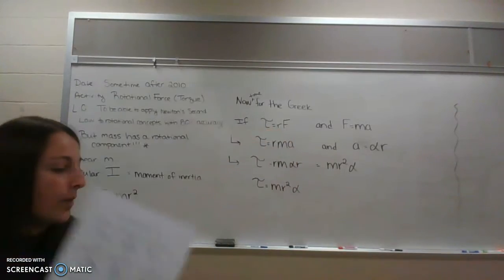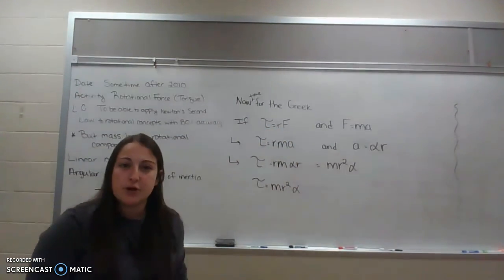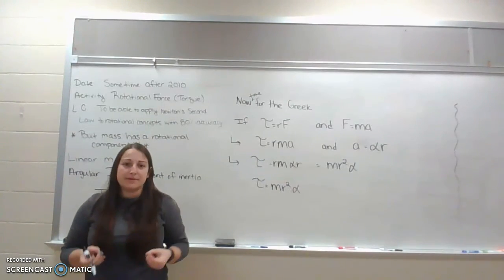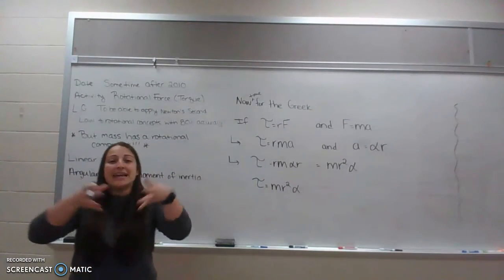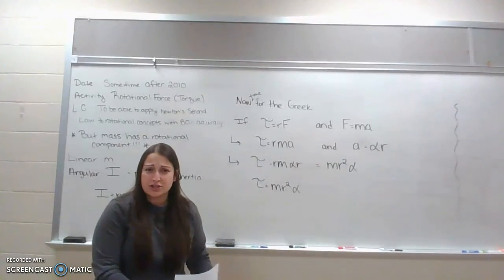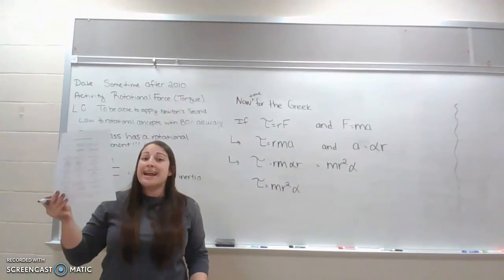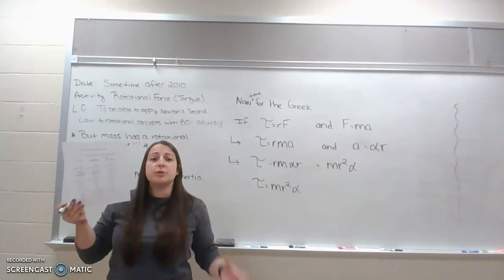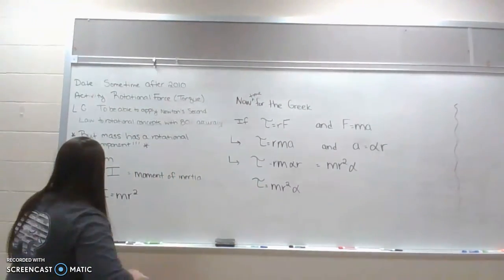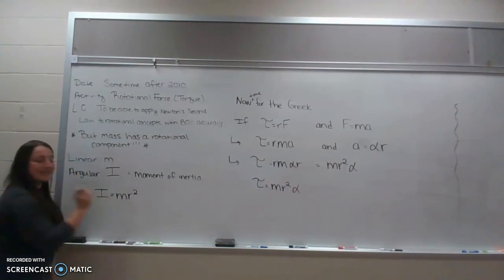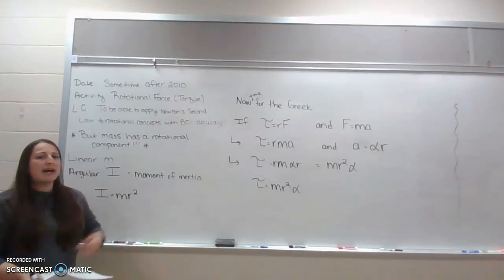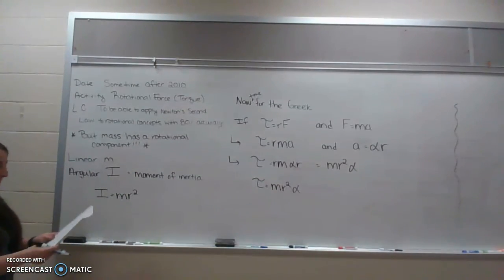Because that m r squared is going to be multiplied by different coefficients, so maybe 1/2, 2/3, depending on the type of the object, depending how the mass is spread out, depending if it's hollow, if it's solid. So all of that is going to matter. This paper is not something you need to memorize. You will either have this or you will be given your I. But you're going to see that this component is always there, but it may have a coefficient that it's being multiplied by. And we'll kind of see that in some of our example problems.